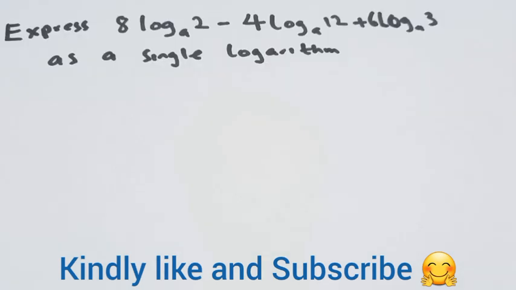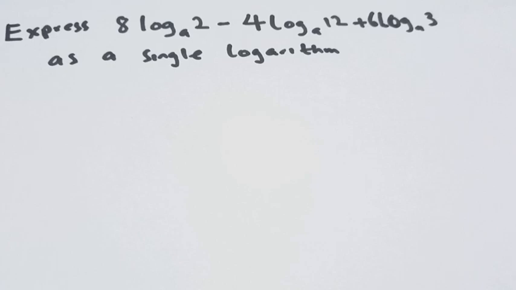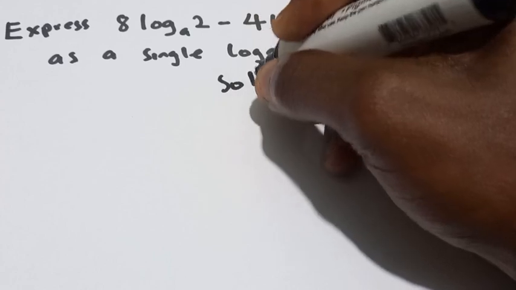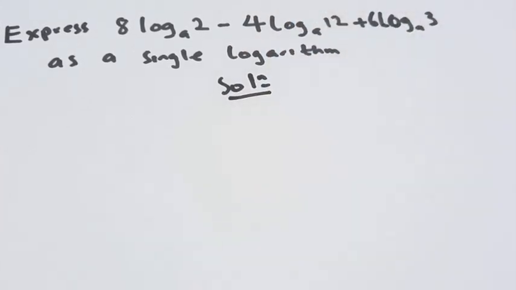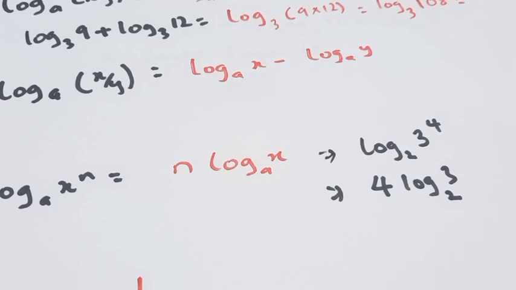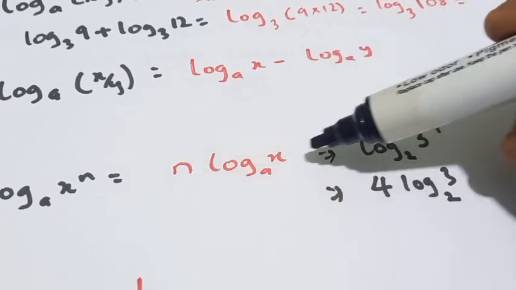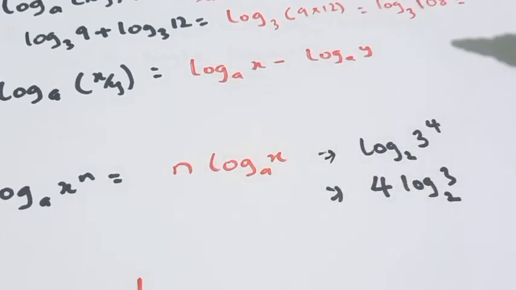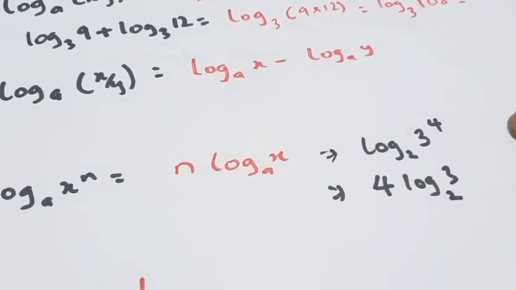With the next question, you are told to express this as a single logarithm. So we write our solution sign here. From our rules, we know that with the third rule, when a number is before the logarithm sign, we can raise it up to this side. Are you following? Or the other way around.